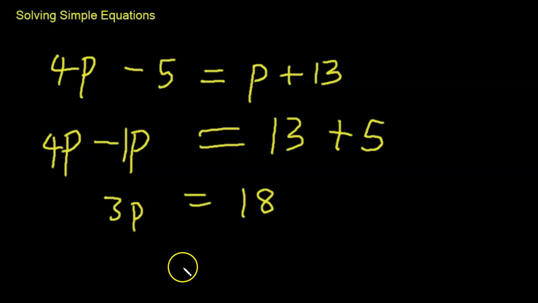So here we have 3p. 3p really means 3 times p. So 3 times a number gives you 18. P is a number, don't forget. So what is that number? We can say, okay, you want to isolate the p, so you want to get rid of this 3. So you divide this side by 3 to cancel the 3. So 3 into 3 leaves 1.